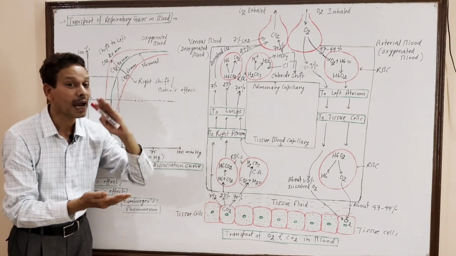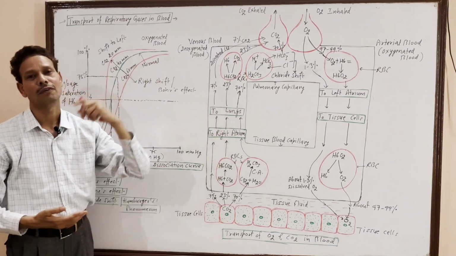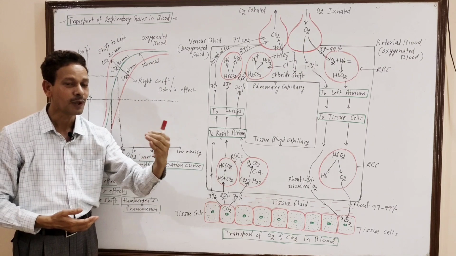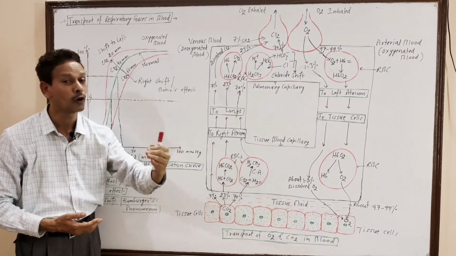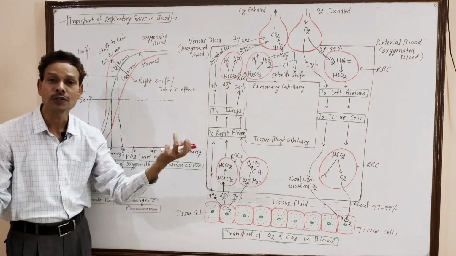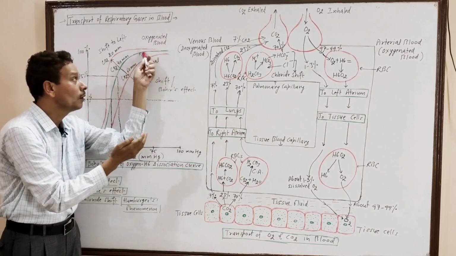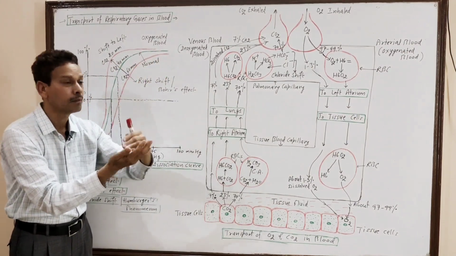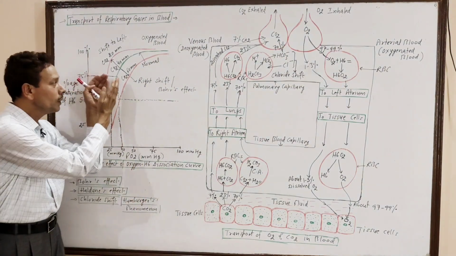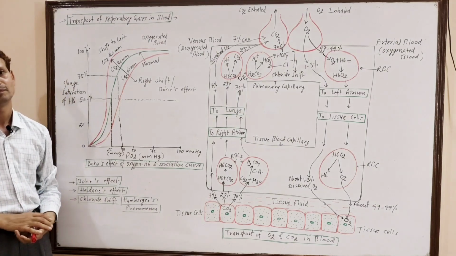This is known as right shift, which helps in the release of oxygen. That's why it is named the oxygen hemoglobin dissociation curve. And the hemoglobin shows dual nature. In lung alveoli it binds oxygen, but in body tissues the concentration of CO2 is more, so it releases oxygen and starts to bind CO2.